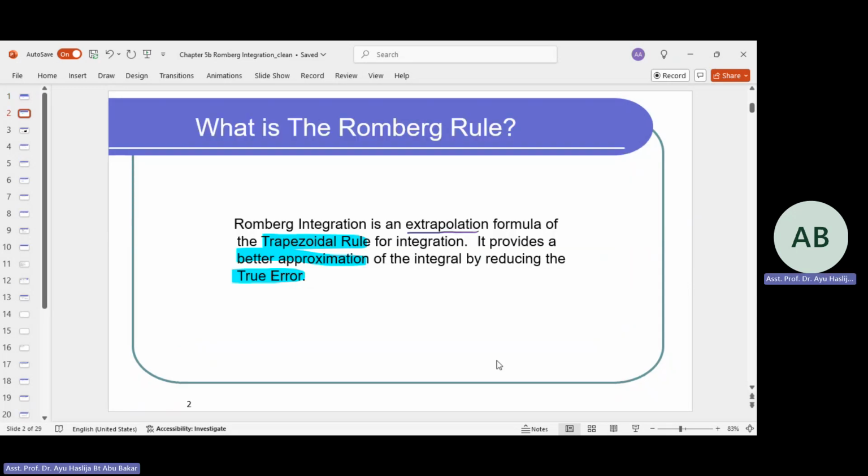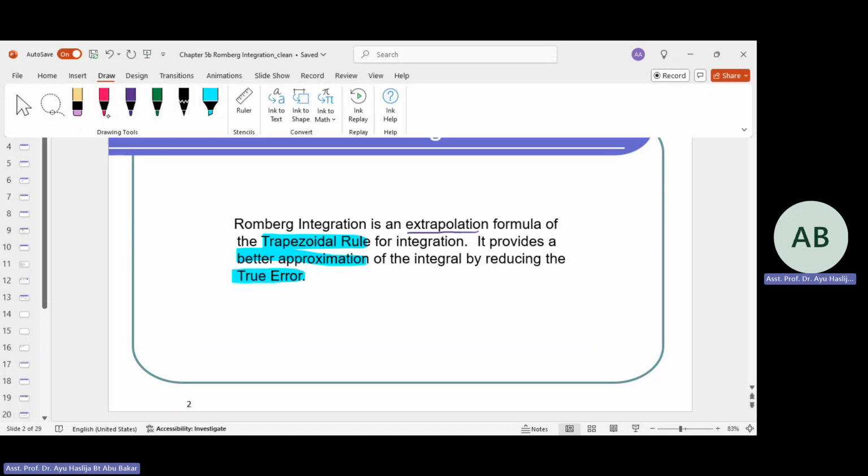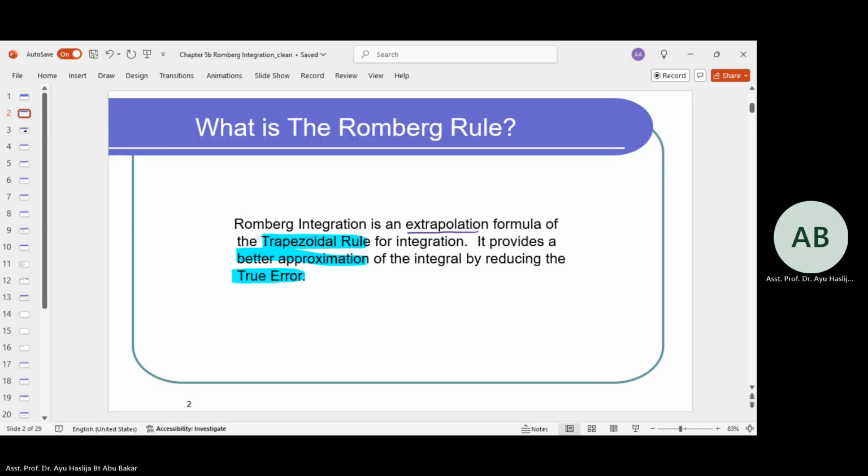Now, Romberg is an extrapolation formula, where it uses Richardson extrapolation. It uses trapezoidal rules.